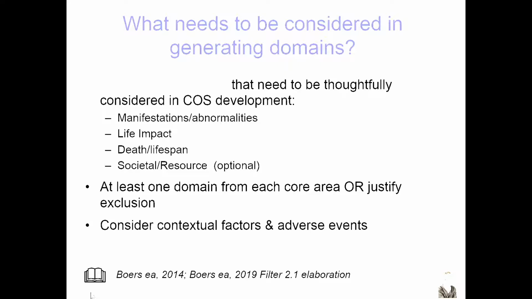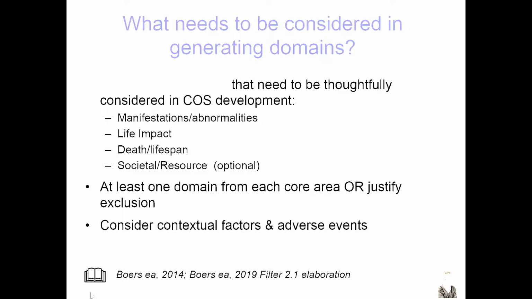Here you have to think about all the domains that are currently measured by PROs, patient-reported outcomes. Then there is the third category that we call death or lifespan. You have to think about survival rates or life expectancies. For some diseases, we know an important outcome is to prevent people from dying earlier because of their condition.